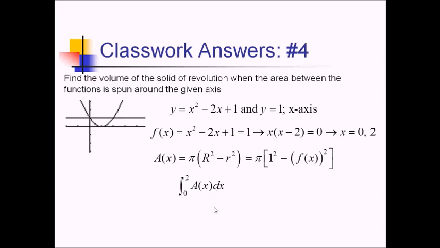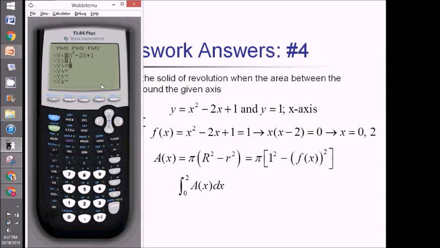Time for the calculator. To make things a little bit nicer for myself, I'm going to go back to my y equals now and actually put this area function in here. So I've got pi, parentheses, and 1 squared is just 1, minus, well, I stored my f of x function in y1, so I'm going to just do alpha trace y1 and square that. That's kind of nice. Close my parentheses.